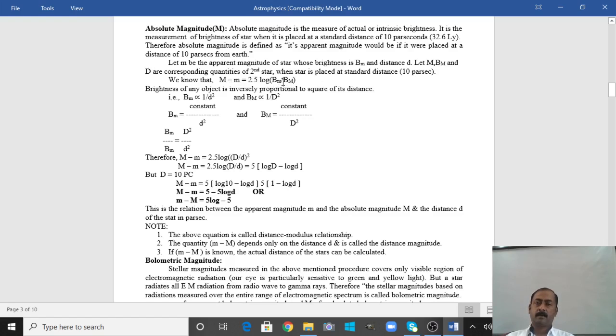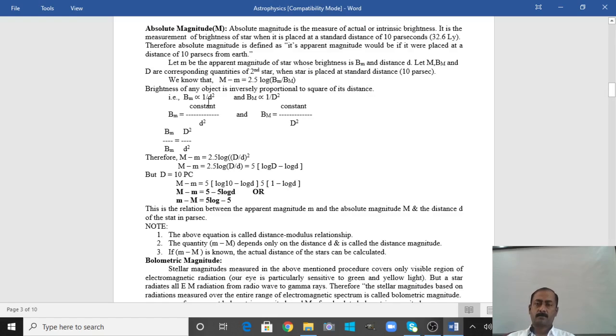It is already derived in the last slide. Brightness of any object is inversely proportional to the square of its distance. That means all the stars obey the inverse square law.